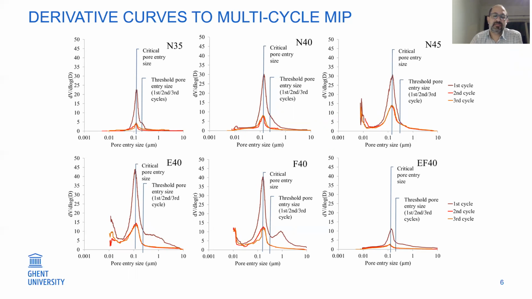For the mixes containing GGBFS and limestone powder, and especially for the ternary mix, we observe a higher participation of the reversible volume in the total intruded porosity in comparison with the unblended mixes.